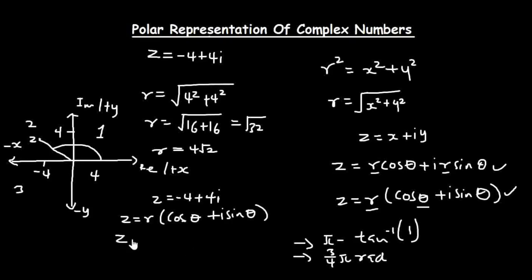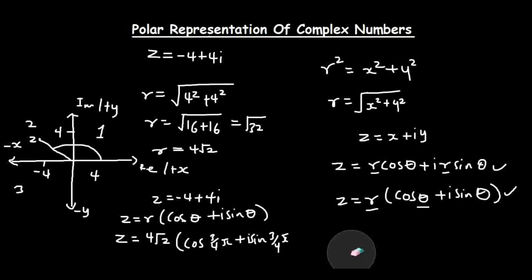Therefore z will be equal to, we know r to be 4 root 2, multiplying cosine of the argument, which is 3 over 4 pi, plus i sine of 3 over 4 pi. This will be the polar form of this complex number.